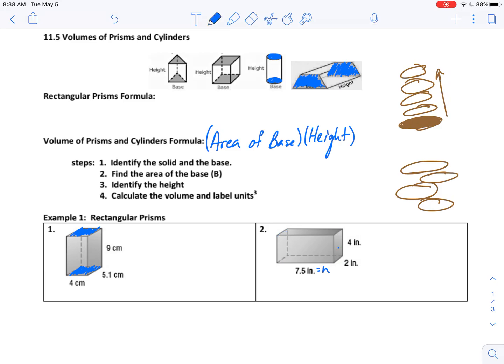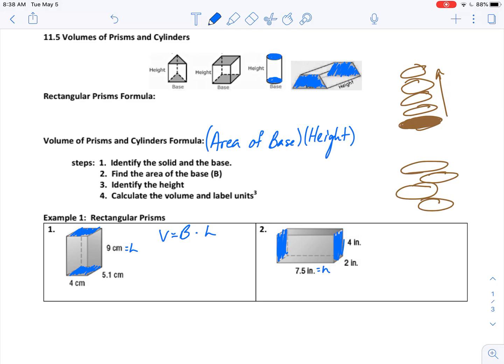So, very important to identify what your base is. And here's how we're going to do it. Once we've got our base and our height labeled, then we're going to do area of the base times the height.